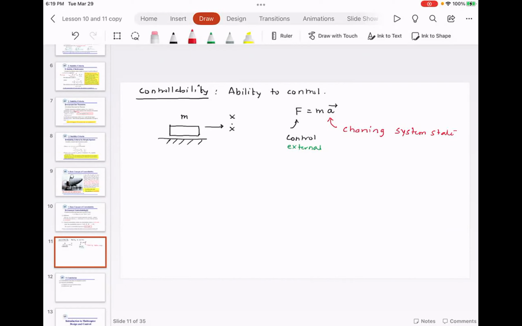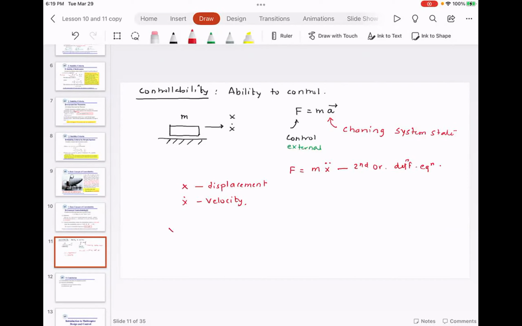This is a second order equation, force is equal to mass times x double dot. I'm going to consider two state variables, x as displacement and x dot as velocity. What I want to do is convert this second order differential equation into a set of two first order differential equations.